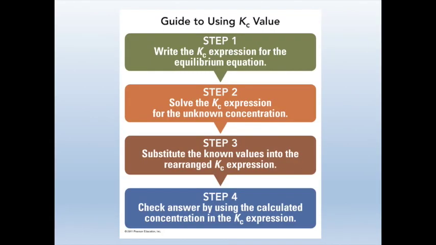Like always, we have an algorithm to guide us through this process. Step 1 is write the Kc expression for the equilibrium equation. Step 2 is solve the Kc expression for the unknown concentration. Step 3 is substitute the known values into the rearranged Kc expression. And step 4 is check your answer by using the calculated concentration in your Kc expression to make sure that you get the same number.